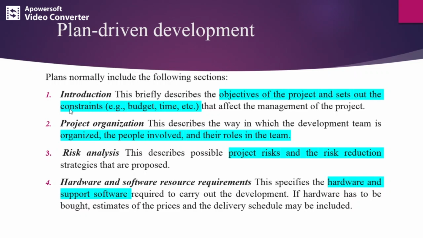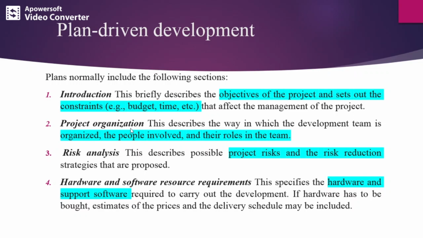Constraints we have already discussed in the previous videos. It can be your budget constraint, or it can be your time constraint. Budget constraint means within this cost only, within this budget, you have to develop the project. Time constraint means the client might have given the time constraint, within 2 years or within 1 year, this project needs to be developed. So introduction is nothing but going to specify the objectives of your project, and also the constraints.